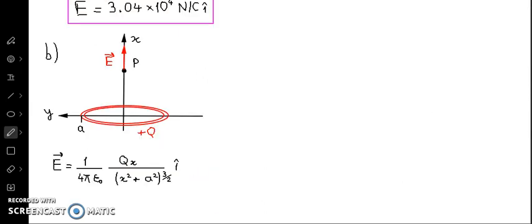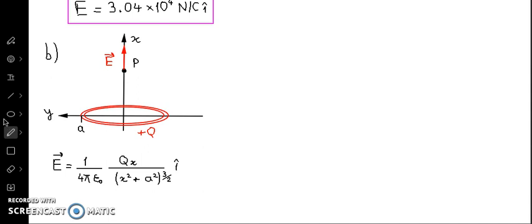In part B, we bend this wire and turn it into a ring, and we calculate again the electric field at the same point P, 6 centimeters above the center of our ring. This is exactly what we have in example 9. Again, we have to rotate our coordinate frame such that the x-axis is pointing up and the y-axis is horizontal, but otherwise it's the same problem.